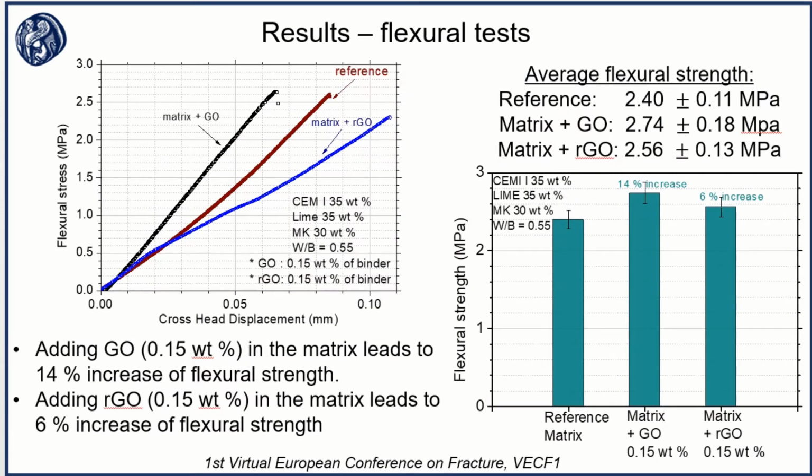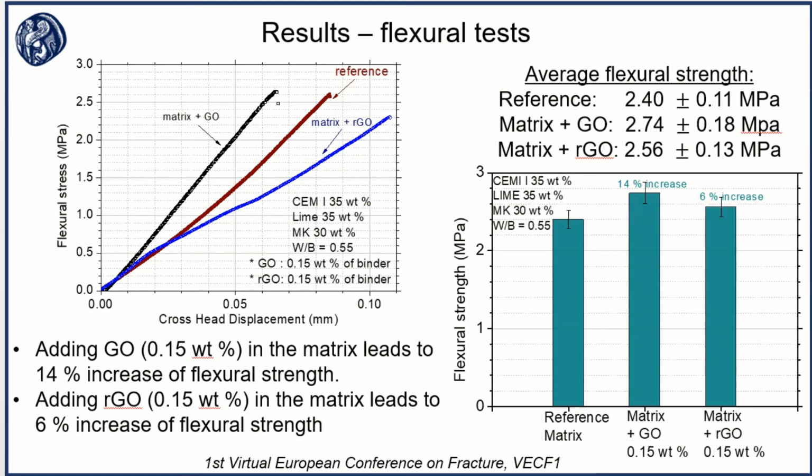Moving on to the experimental results, we can see the flexural stress against the crosshead displacement of the three characteristic curves of the reference material, the matrix with GO and the matrix with RGO. The average flexural strength of the reference material was 2.40 with a standard deviation of 0.11 megapascal.